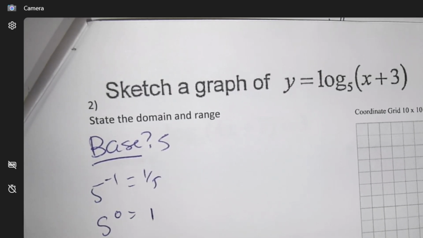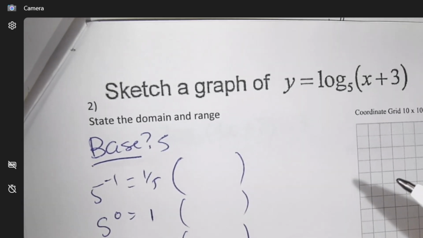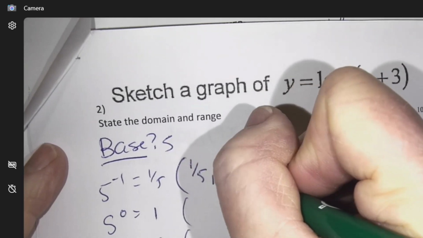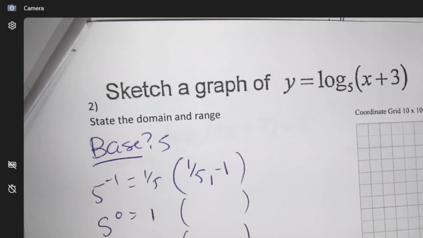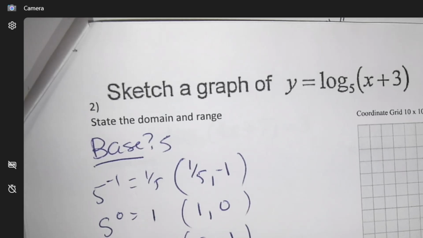Now is where we change from exponent to log. When I write my coordinate now, what am I doing? Logs are always the backwards brain mode. Results, comma, exponent. That's working backwards, the opposite of what we've always done. So whenever I say do something with a log, the last thing you always do is this is the exponent.